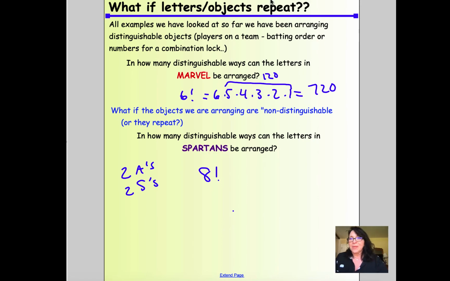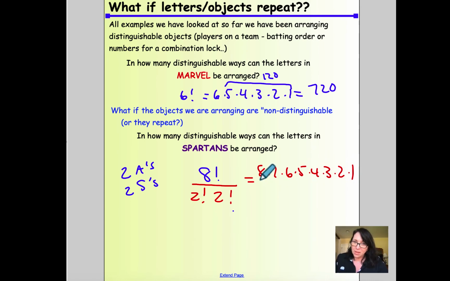I don't think so. Okay, so what you would do then is divide out those repeating values. We're going to say, well, there's 2 A's and there's 2 S's. So when I write this out, I have 8 times 7 times 6 times 5 times 4 times 3 times 2 times 1 all over 2 times 1 times 2 times 1. If I work that out, that's 4, so I'm going to cancel out my 4.